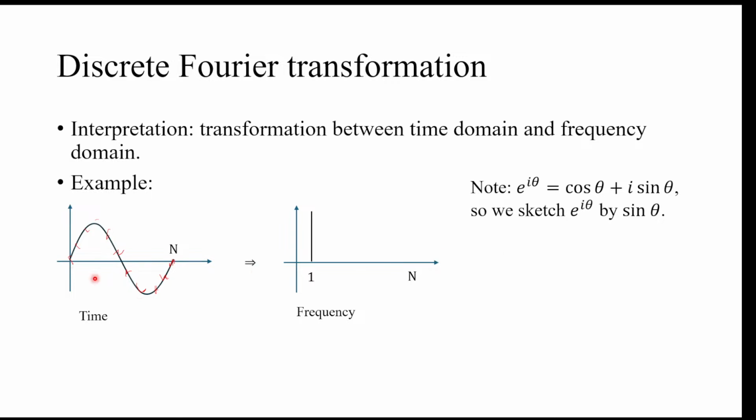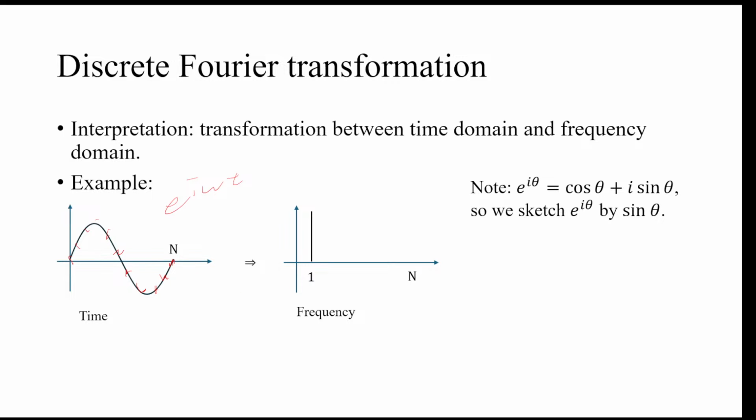So when you have a sinusoidal signal, we write it as a sine function, but it should really be e to the i theta, or I should say this function should really be omega to the x. I think this is a time domain function, so it should be e to the i omega t.